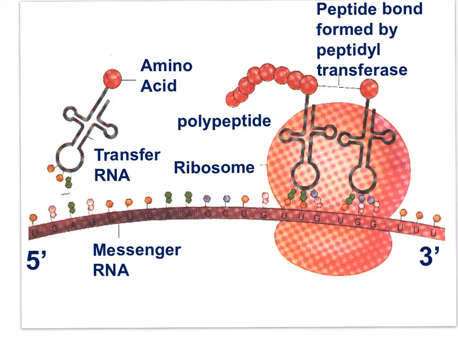I like this image of mRNA and the tRNA molecules because it clarifies the relationship of the codon to the anticodon in terms of purines and pyrimidines, pyrimidines, and pyrimidine-purine. You can see the formation of the peptide bond by the enzyme peptidyl transferase.